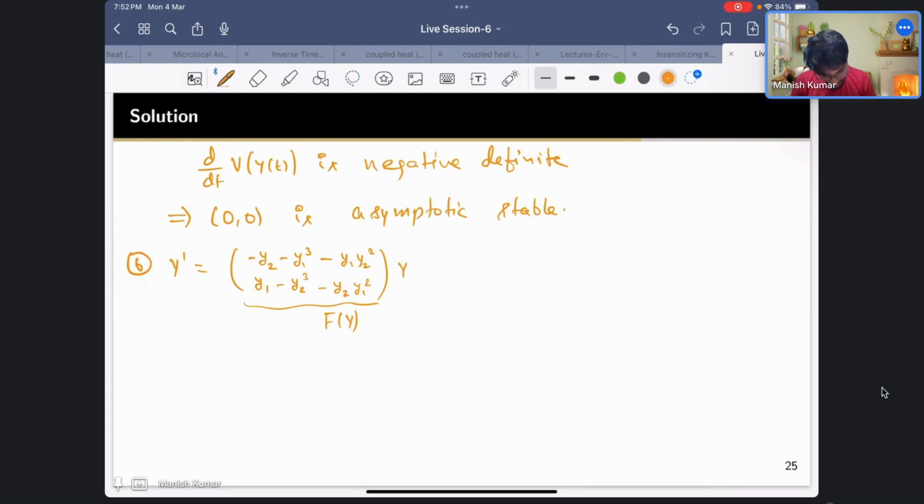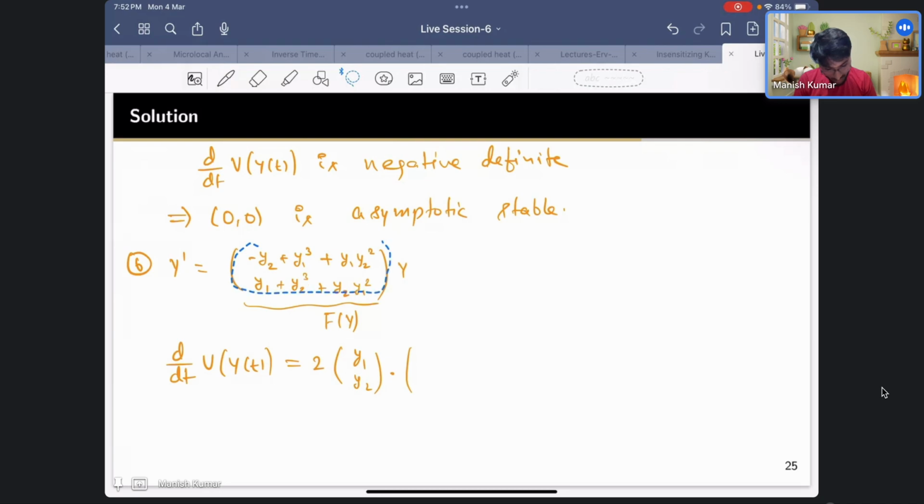Okay, so here you will have plus plus plus plus, right? Again, if we do the same thing, if we try to find d/dt of V(y(t)), what we get from here is 2 times, again I'll do the grad V, y1 y2, times this whole function, right?